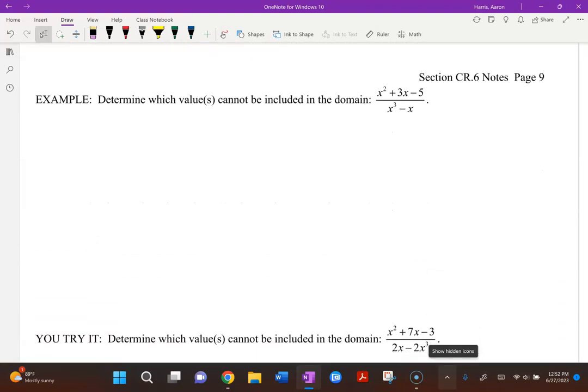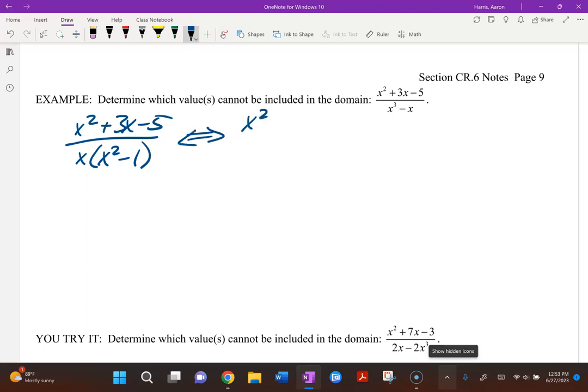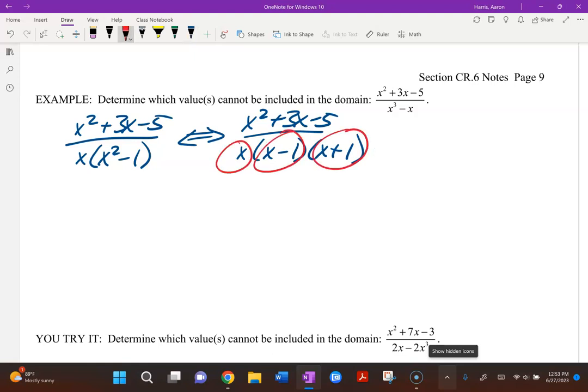So let's look at this first one. I like to put the denominator in factored form. If you think about the denominator, I could take an x out and I'd have x squared minus 1. And x squared minus 1 factors into x minus 1, x plus 1. So if you think about it, any of these being 0 is a problem.